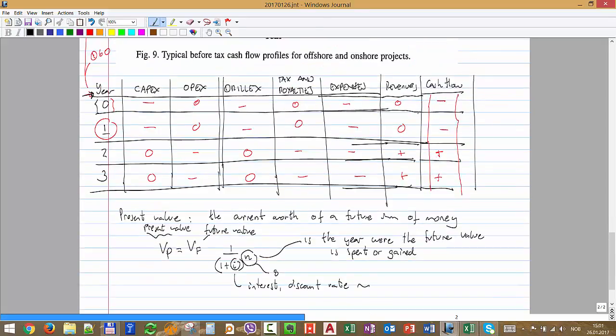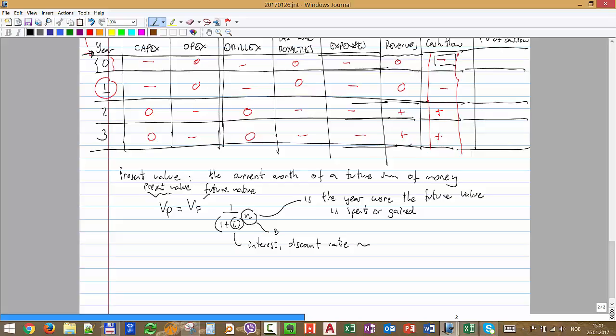And then in this column we put the present value of cash flow. We are discounting, multiplying by 1 plus i, and 1 plus i we usually refer to as the compound factor.